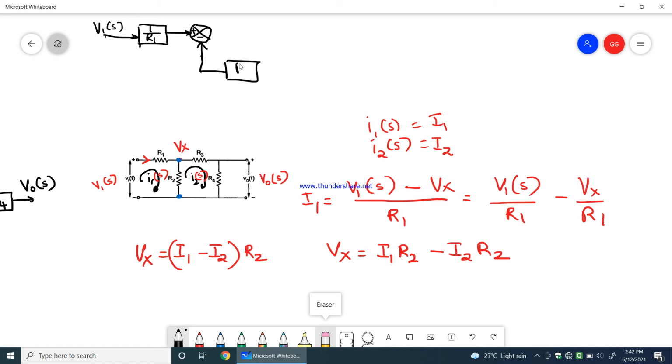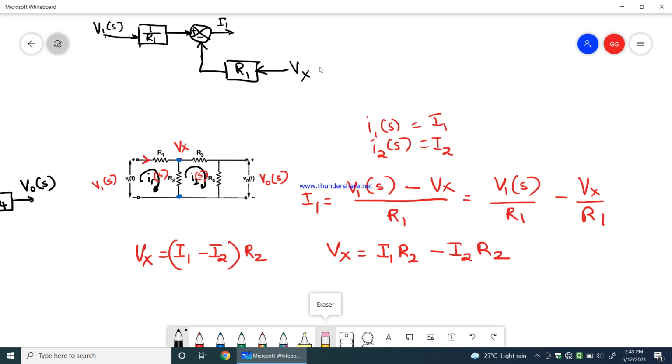So this is R1, and I have got Vx. Now Vx is what? This is I1. Vx is I1 into R2 minus I2 into R2.